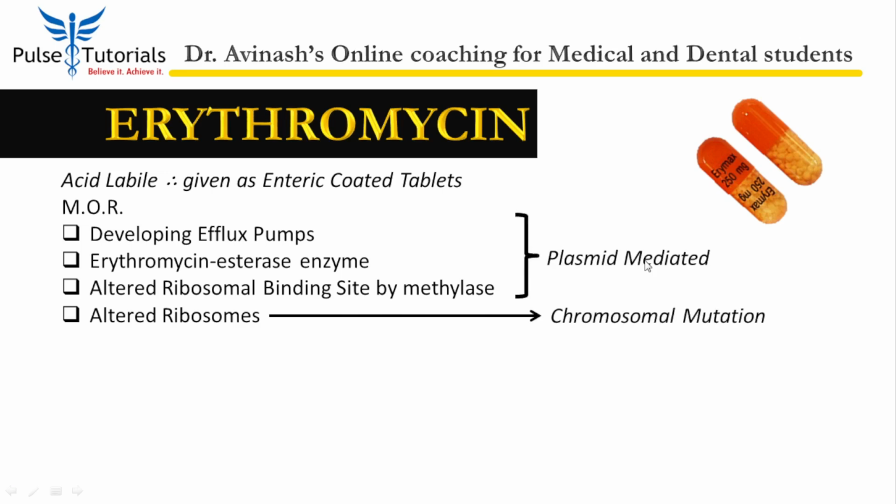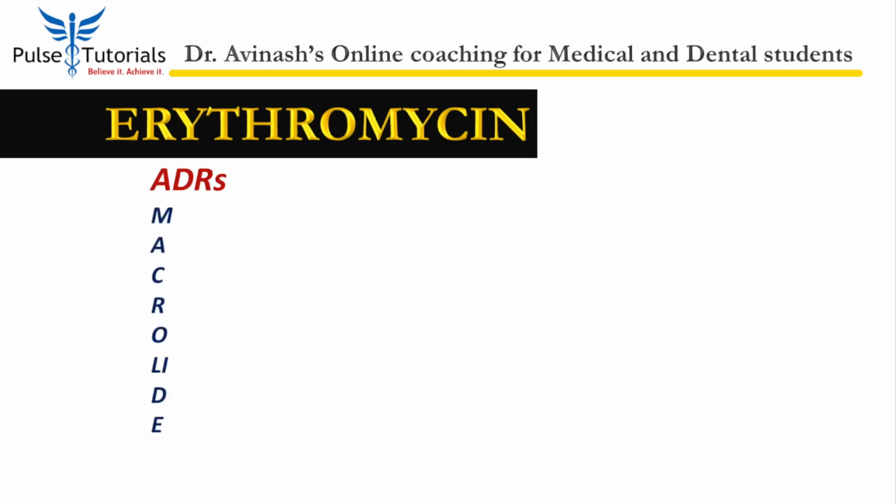Out of these four mechanisms, the first three, efflux pump, the esterase enzyme, and methylation changing the ribosomal binding site, are all plasmid-mediated resistance. Whereas the altered ribosome is a chromosomal mutation, which logically says that the first three are much more likely to spread among bacteria, the last one probably not.